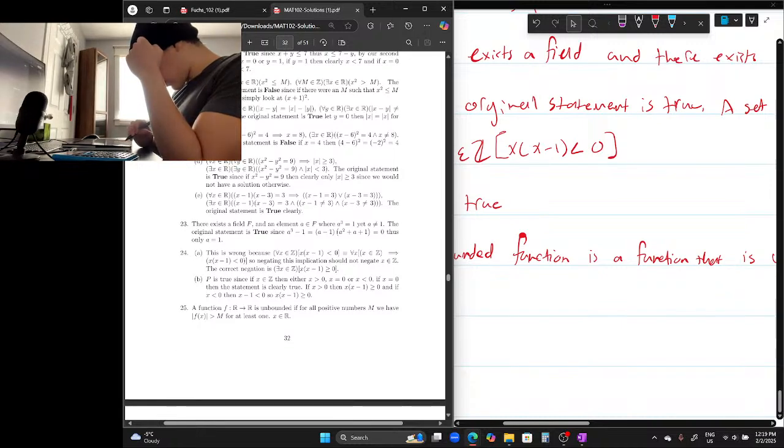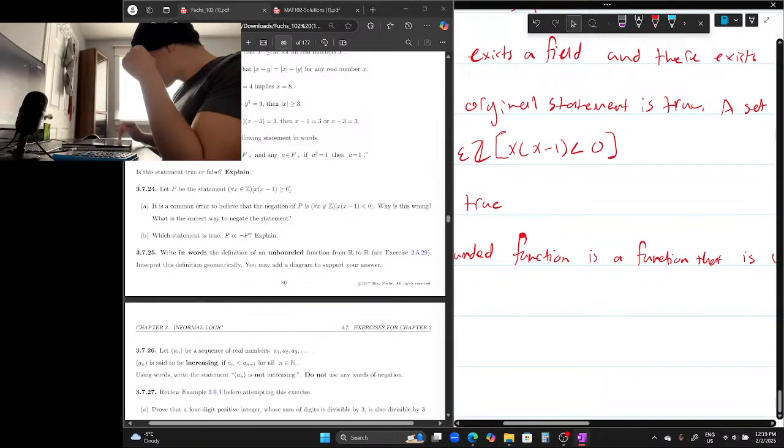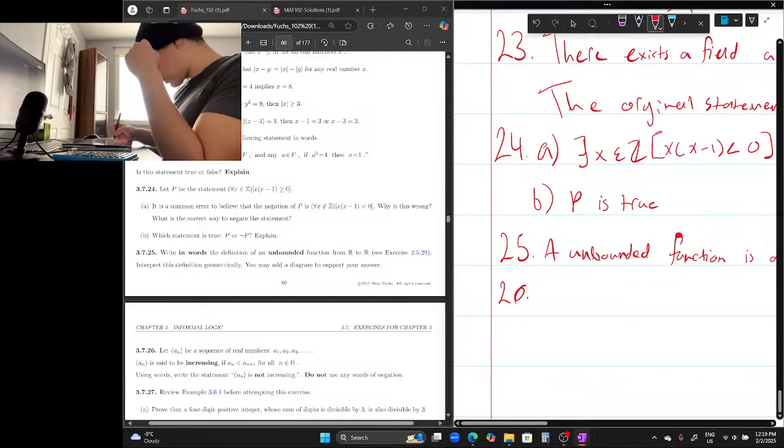We have f of x is greater than m for this one. I don't know. No, that's a functions question.